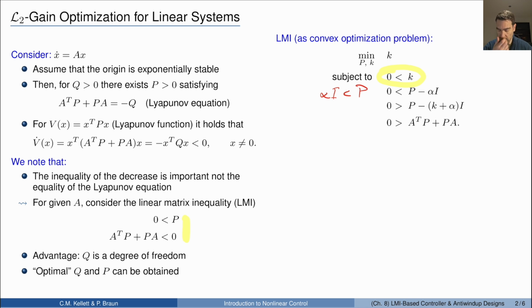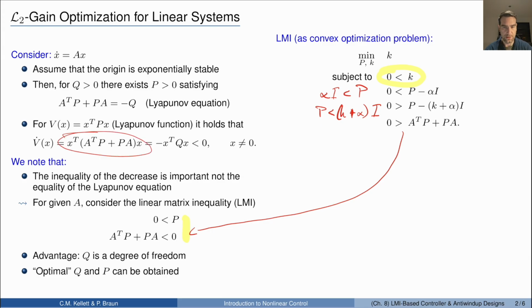The next constraint tries to ensure here that P is not too large, meaning we can rewrite that as P is less than (k plus alpha) times the identity. So we try to minimize this parameter k here such that these two conditions are satisfied, and the last condition is simply the decrease condition here needed for the decrease of the Lyapunov function.